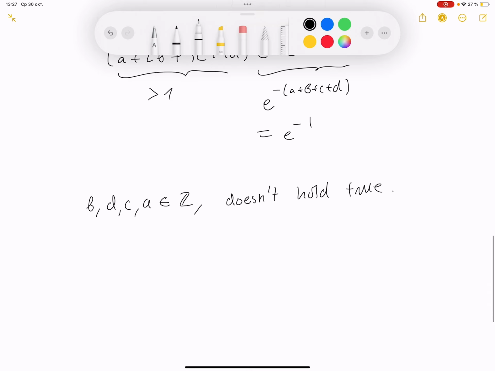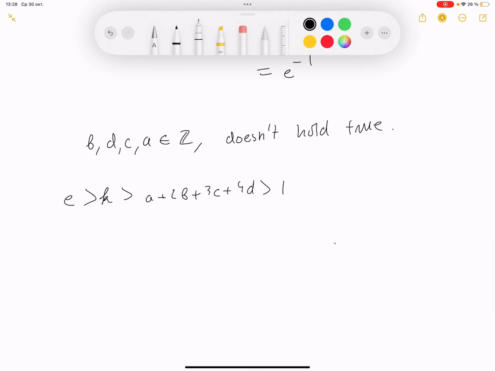Therefore, there is a certain bound, let's call it k, for which a plus 2b plus 3c plus 4d is smaller than k, which is smaller than e, and this is also larger than 1. So it belongs to the interval from 1 to k, with both k and 1 excluded, of course.